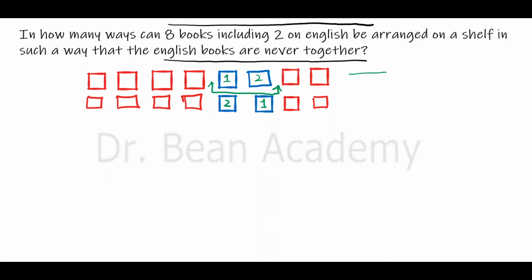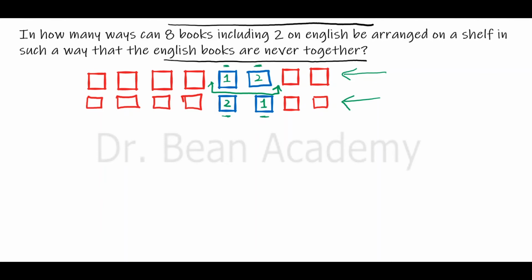So you see, I can have 2 possibilities when they are together. In the first case, the first English book is here and the second English book is here. In the second case, the second English book is here and the first English book is here. So when they are together, there could be 2 possibilities, and then all the other permutations are the same.